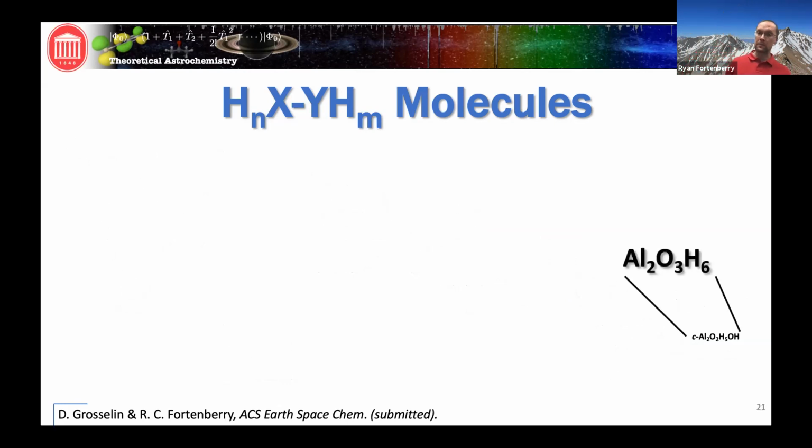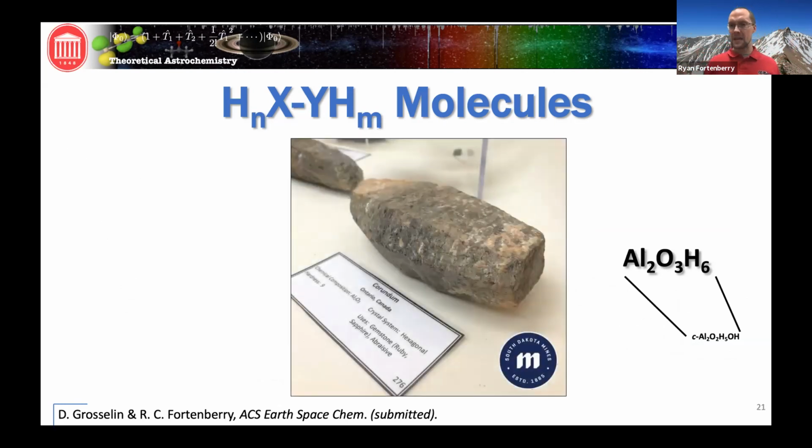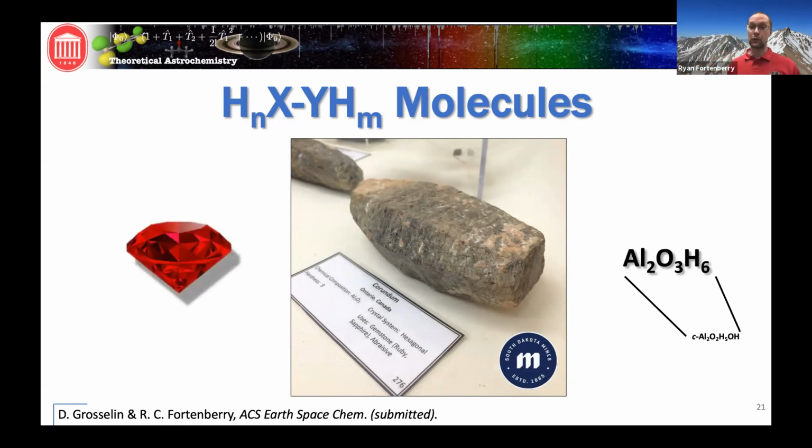But if we remember from general chemistry, Al2O3 is aluminum oxide, and it has a large crystal mineral that's corundum. And I took this photograph when I was visiting South Dakota, and we went to the Geology and Paleontology Museum, which is wonderful, there at School of Mines in Rapid City. But corundum, aluminum oxide, Al2O3, one of its polymorphs is ruby.